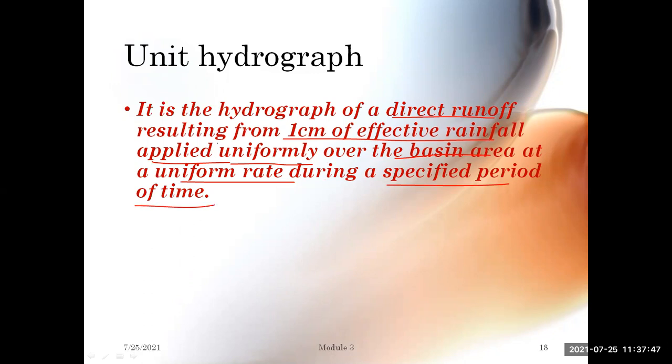So unit hydrograph means that when 1 centimeter of effective rainfall is applied on a given basin area uniformly at a uniform rate for a specified period of time, whatever direct runoff results from applying that 1 centimeter of rainfall is called the unit hydrograph. It is a hydrograph which represents the direct runoff from 1 centimeter of effective rainfall for a specified period of time.